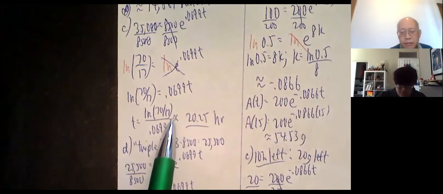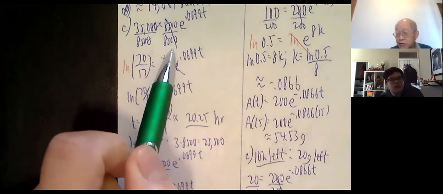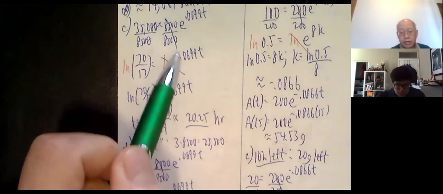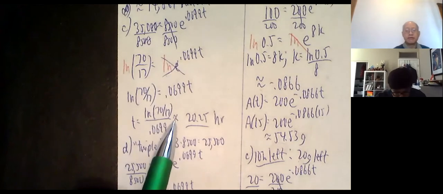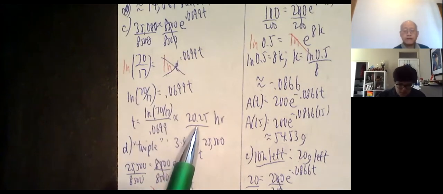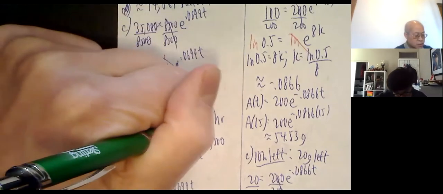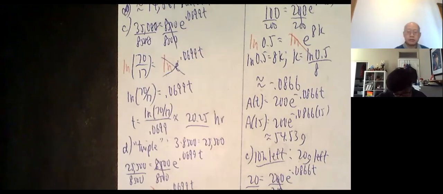Now I punch it in my calculator. Okay, and can time come out to be a fraction or decimal? Sure. We don't want fractional bacteria or fractional people, something like that. But for time, sure, it can be a fraction or decimal. So 20.25 hours, 20 and a quarter, so 20 hours and 15 minutes, I suppose, is one way to say it. So that's the answer to part C.